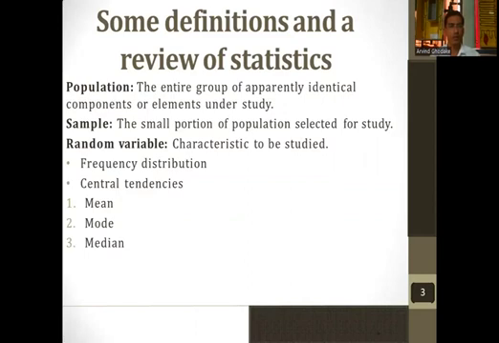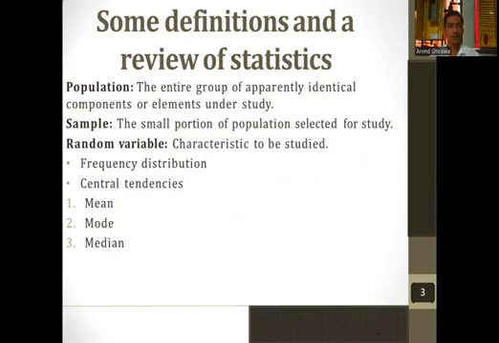Then second is the sample. The small portion of the population selected for the study is called a sample. From the entire population, if we select a small portion for the study, it is called a sample. Next is a random variable.